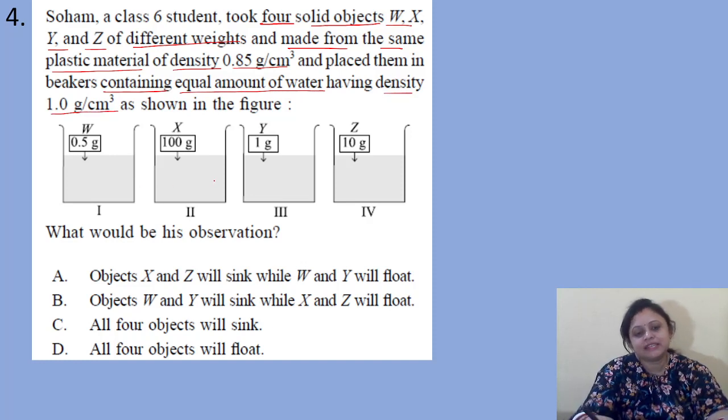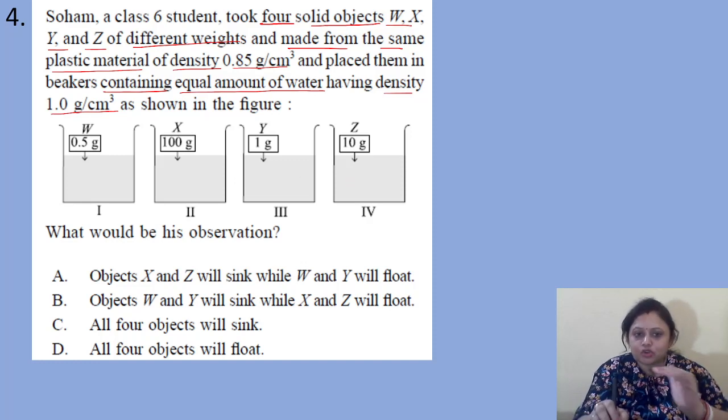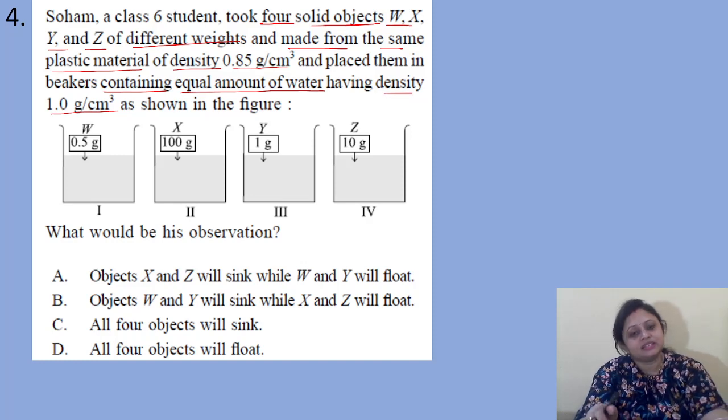You can see in the figure, 4 figures are there in the beaker. The amount of water taken is the same, but the solid objects are of different mass. But the density of the plastic material is the same.